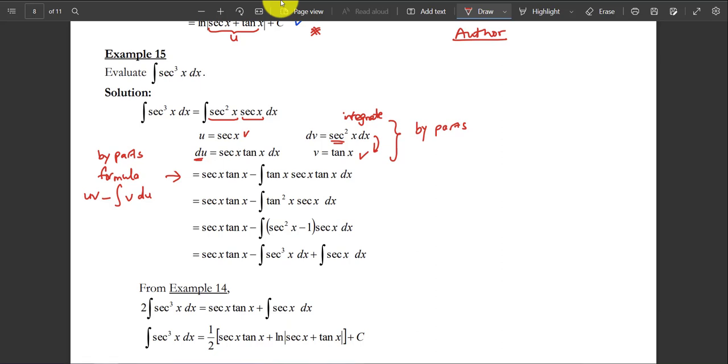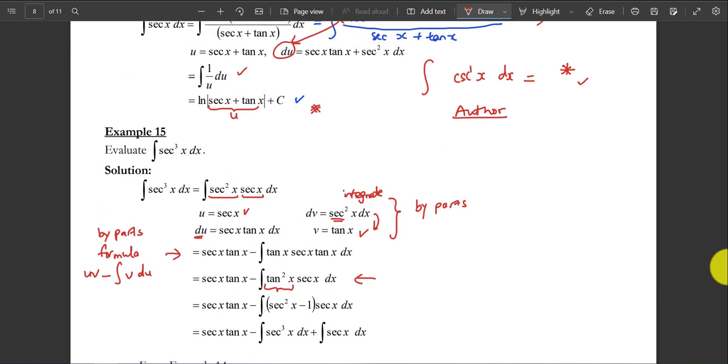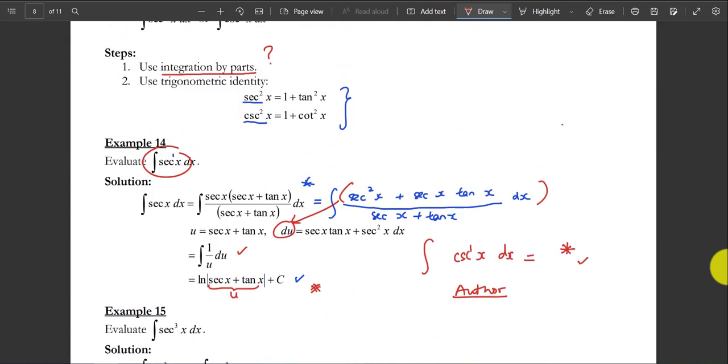Up until here, kita substitute tangent square with the identity. Dekat sini baru ganti dia punya identity, kita tak ganti daripada yang awal-awal tadi. So tangent square is equal to secant square minus 1.